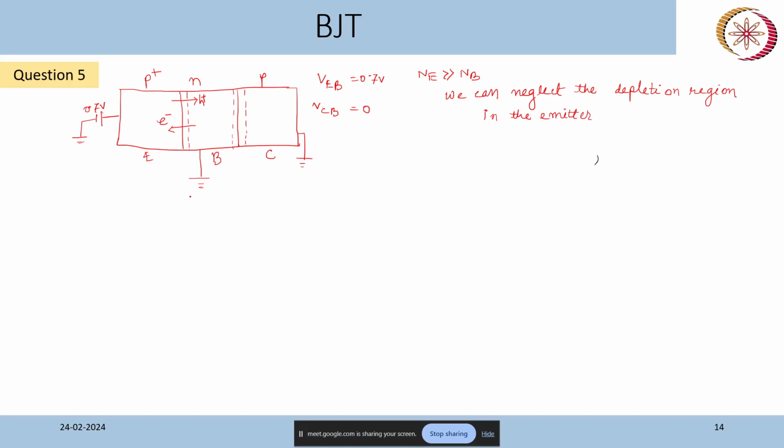Now let me draw the excess carriers in the base region. So this is the base region. Let's consider this direction as x-axis.